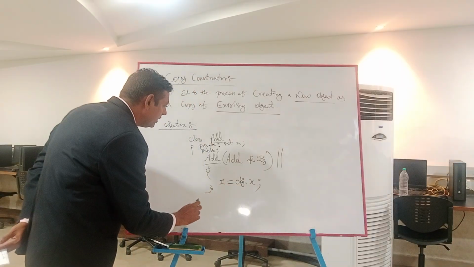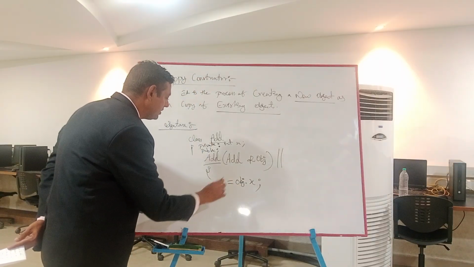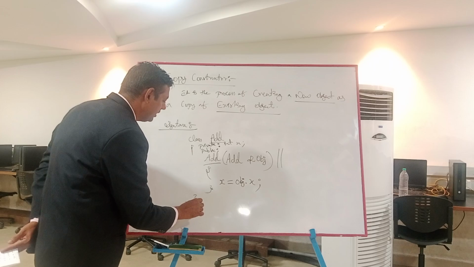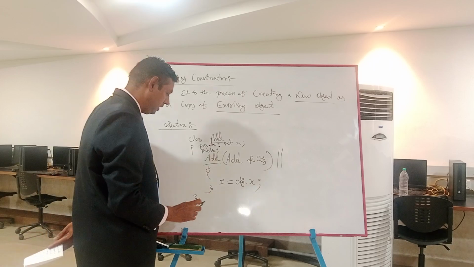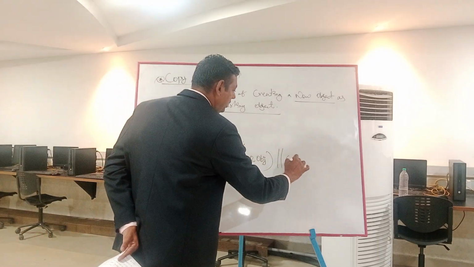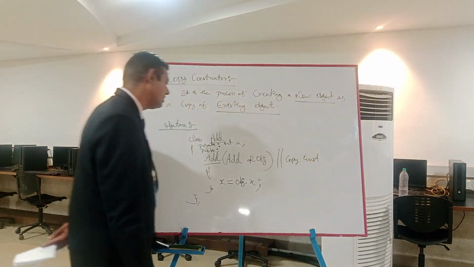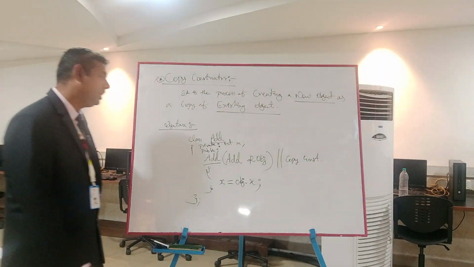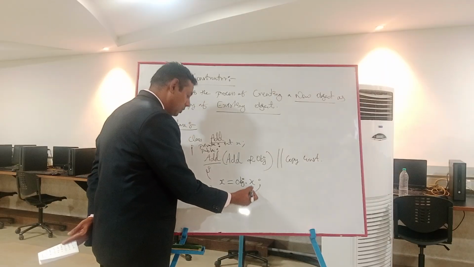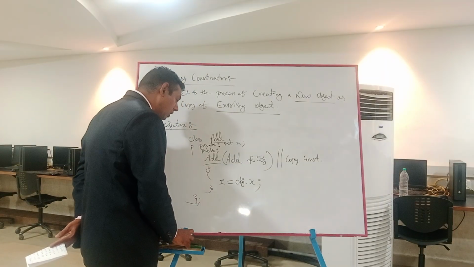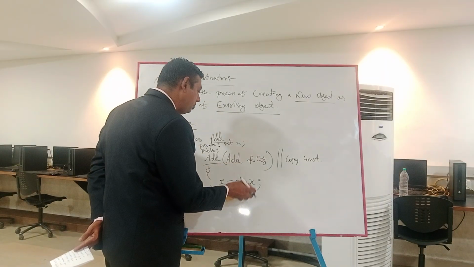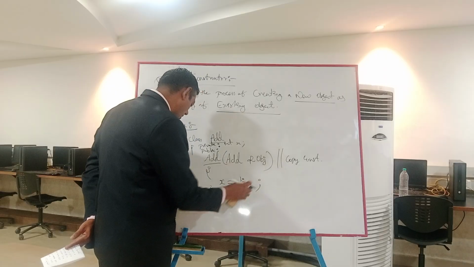So I can close the copy constructor, and I can terminate the class using a semicolon. So this is nothing but the copy constructor. Here this need not be x, it can be some other variable also.